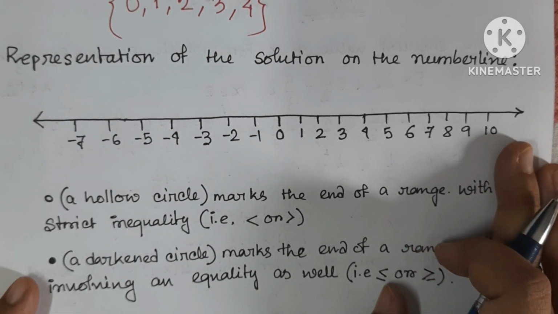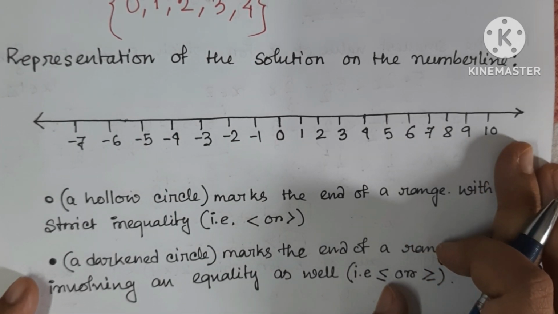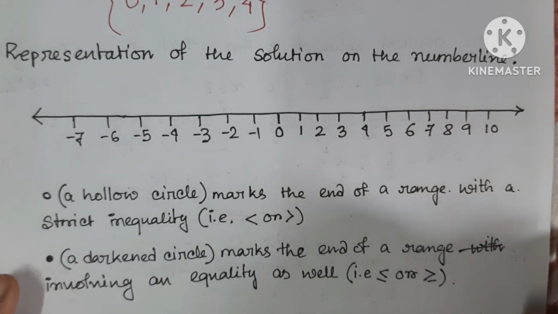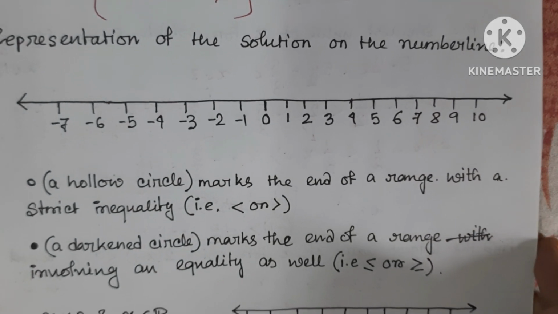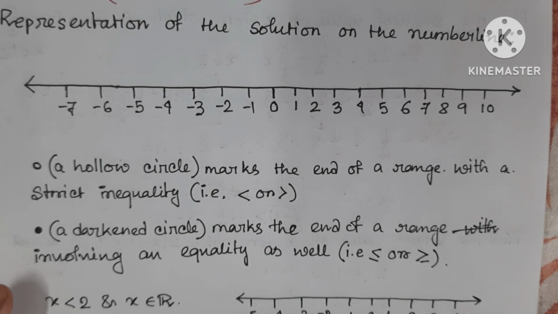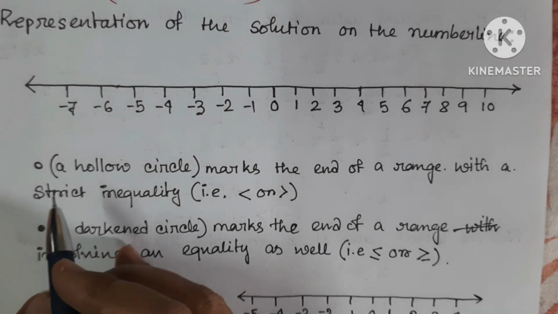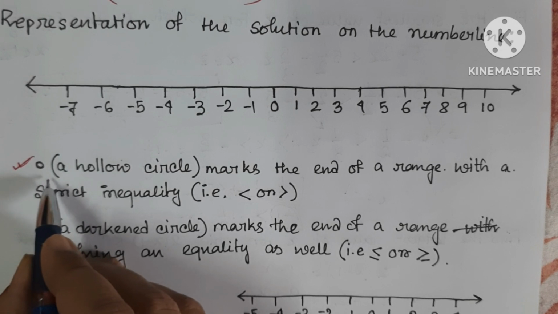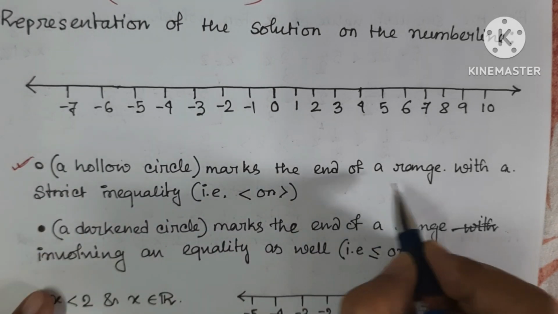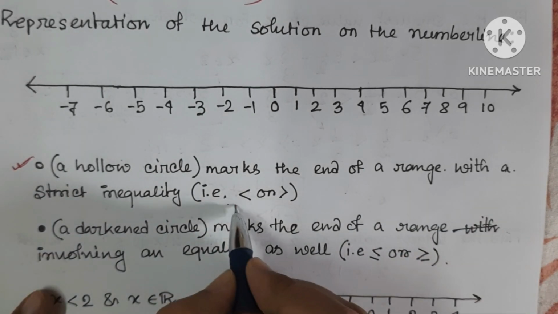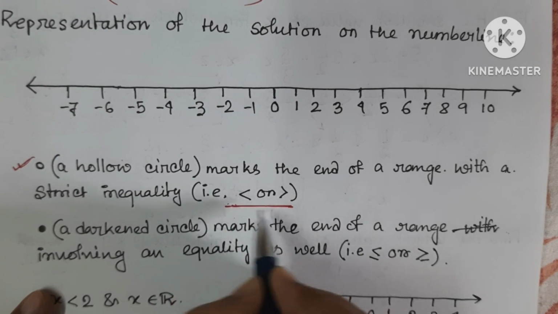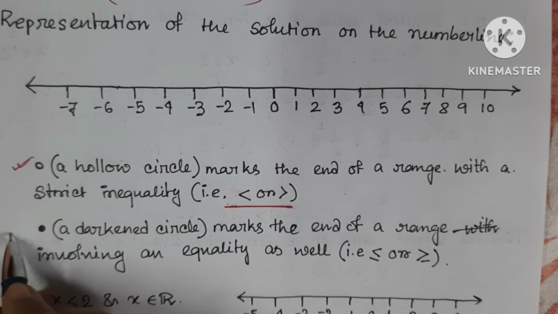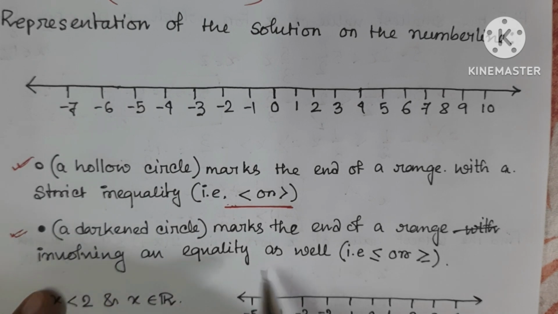Now what you need to know is how to represent the solution set. Okay, suppose first I will tell you 2 rules. See, you have to put this hollow circle mark at the end of the range if it is a strict inequality, and the darkened circle, those are the rules.